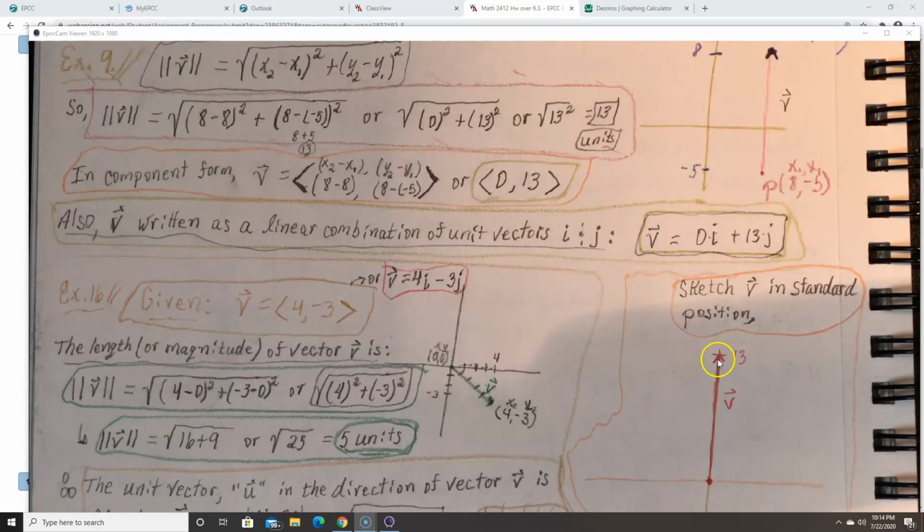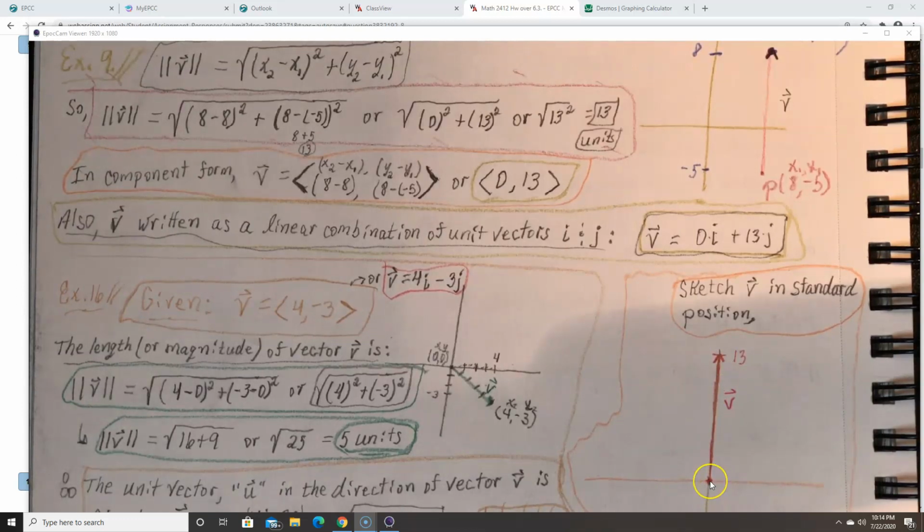And so this vector is the representation of directed line segment PQ, or vector V, but in standard position, simply moving the initial point to the origin and then drawing the same directed line segment or vector. So that's what that is. Now, how can we write this? Well, in component form is one way.